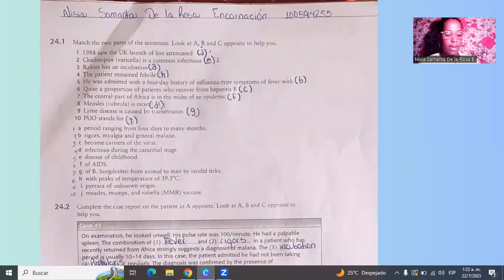Chickenpox, varicella, is a common infection. 3. Rabies has an incubation period varying from 4 days to many months. 4. The patient remains febrile, with a peak temperature of 39.5 Celsius.